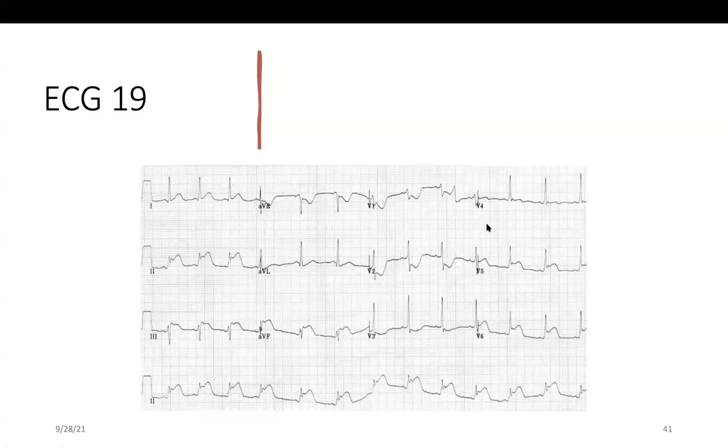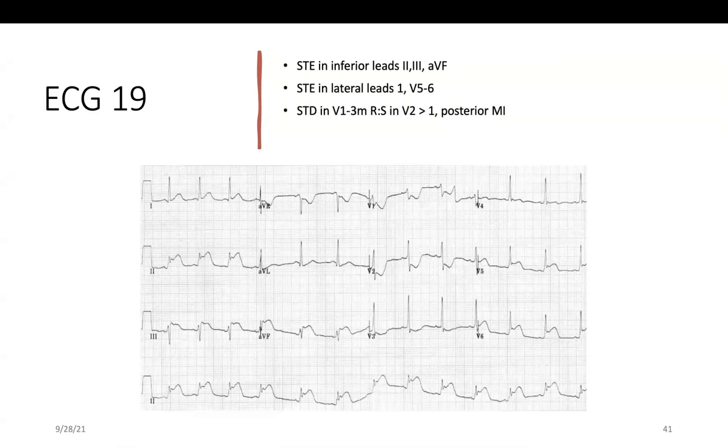Also, we have elevation in V5 and V6. Whenever you see ST depression with inferior elevation in V1 and V2, what do you look for immediately? The R wave. Yes, the R wave in relation to S. Exactly. Here, the R wave is more than 1 in relation to S. So we have an inferior posterior MI.